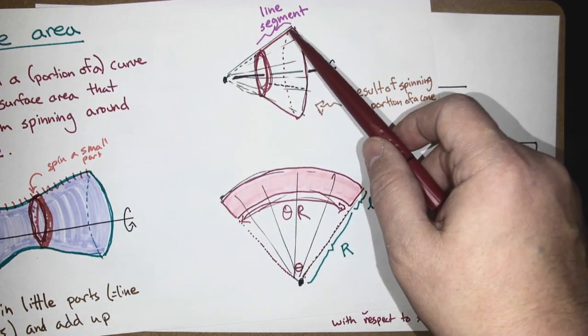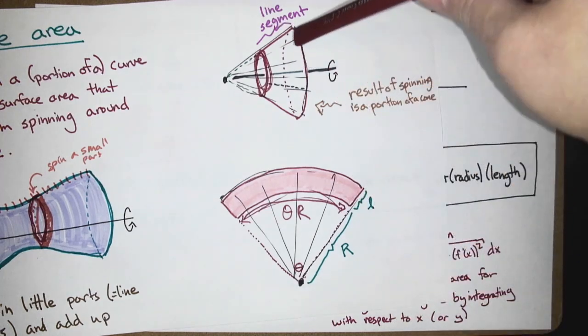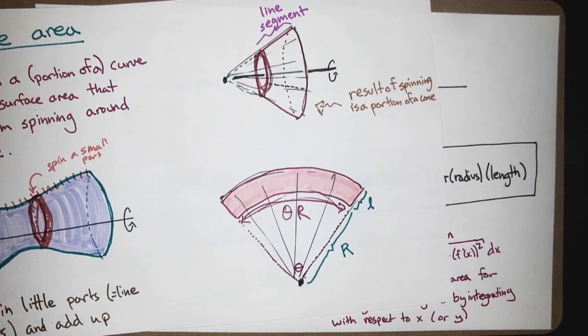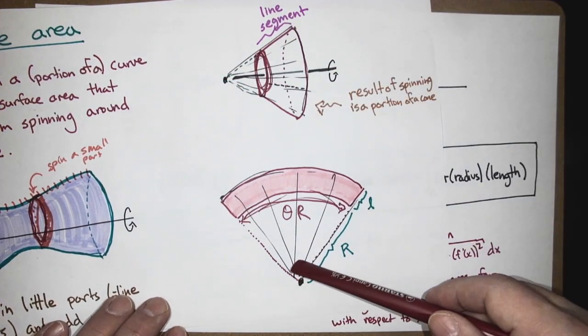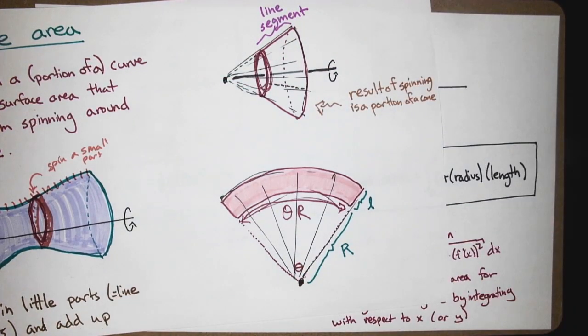If you have a cone which is very steep versus a cone which is very shallow, you'll have different angles of theta. So that's what you're capturing. Now, the problem is computing theta is hard. So we don't want to do that.